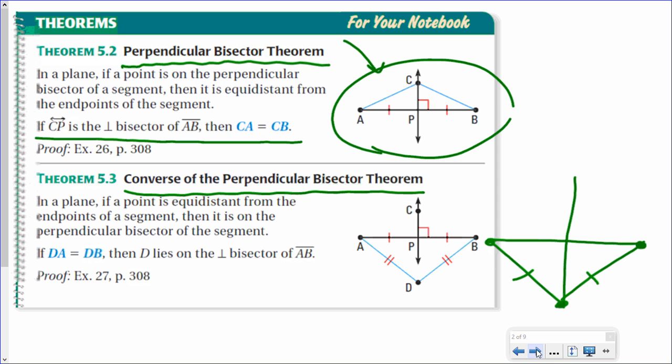You could pick up on that if this was A, B, and D, that point D is along this perpendicular bisector, this vertical line right here. So that forces this to be 90 degrees, and those two are the same. So if those two outside ones are the same, then D lies on the perpendicular bisector of AB.